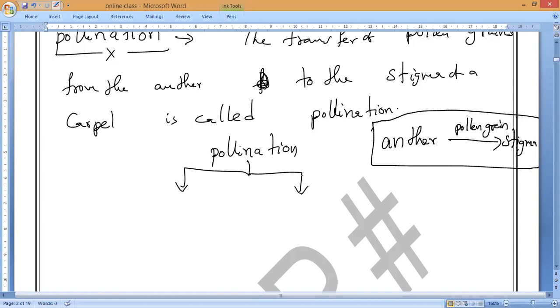This pollination will basically be of two types: one is self-pollination and another one is cross-pollination. It is not a new thing to you, you already studied it in lower classes.